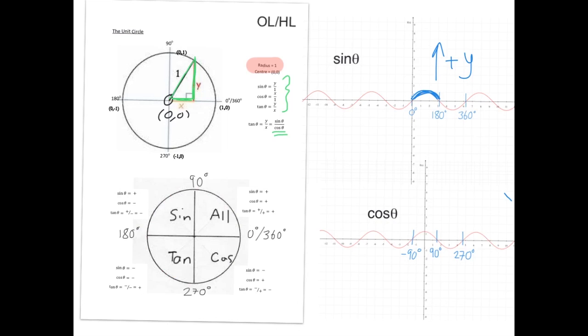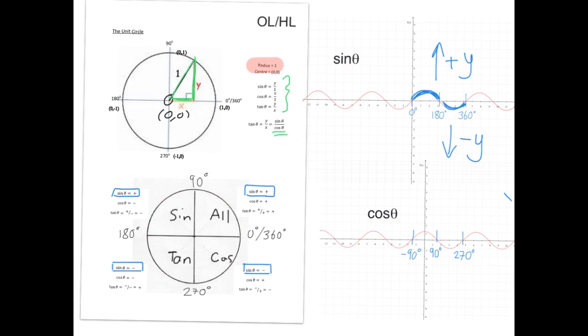So between 0 and 180 degrees, sine is positive, so we have sine equals plus in these two areas. We can see then that between 180 degrees and 360 degrees, sine changes to a negative y value. So sine theta is negative in these two areas.